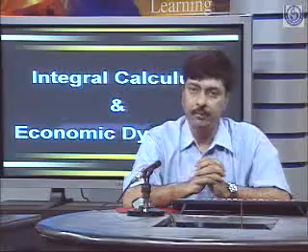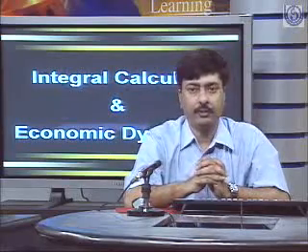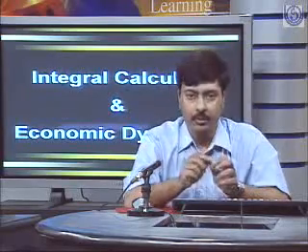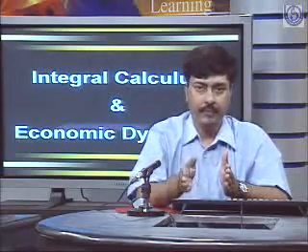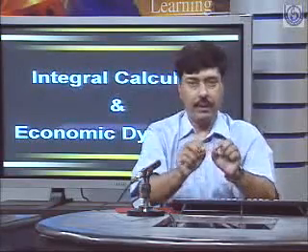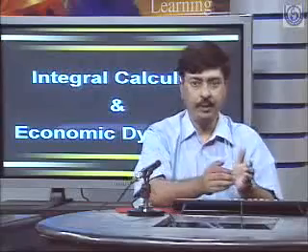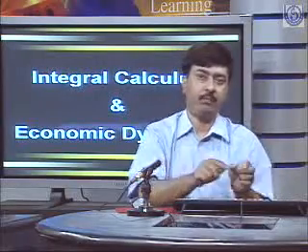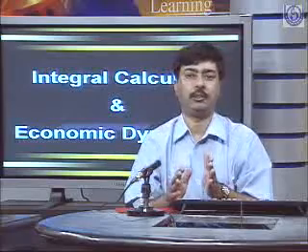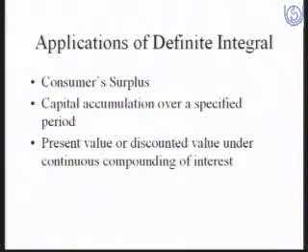Now think of it as a downward sloping demand curve, and on the horizontal axis take two points a and b. Say b can be a higher price P2, and a can be a lower price P1. As the price changes from P2 to P1, what is the change in consumer surplus? You can use the technique of definite integral calculus to get it.